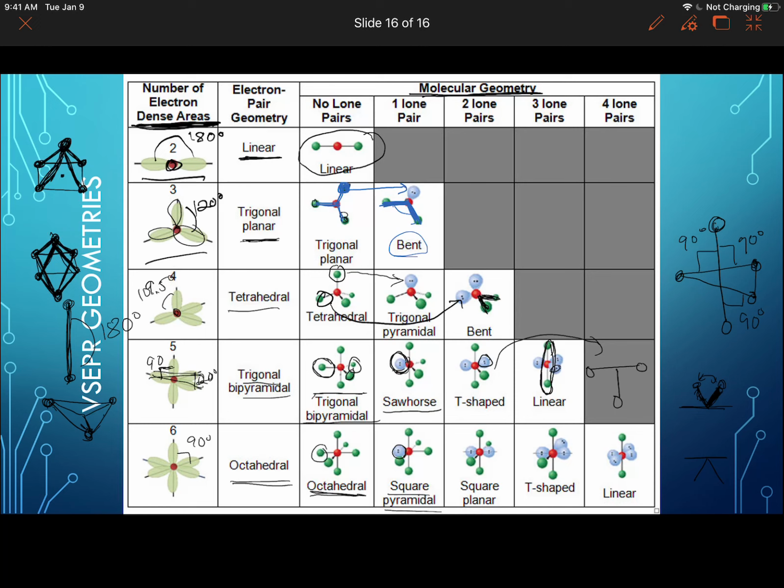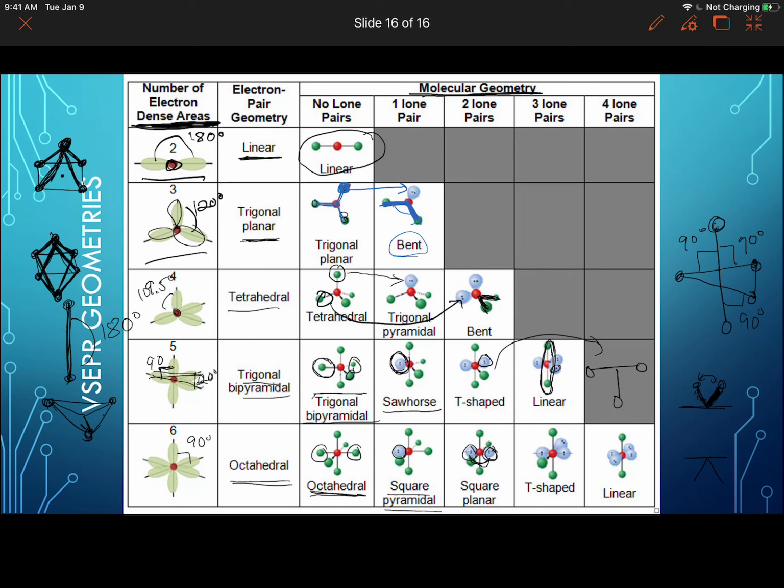If we take and we replace another one of those atoms with a lone pair, this is another one where it's specific to which atom is going to be replaced. We are going to take the one that is furthest away from the current lone pair so that we can get those two lone pairs 180 degrees away from each other.